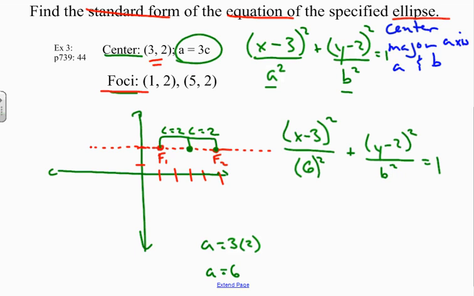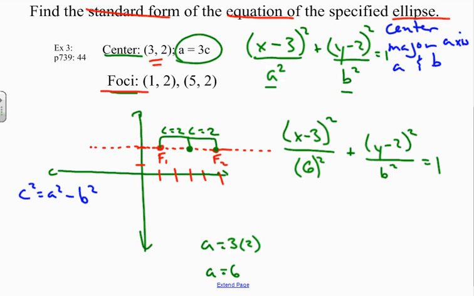The b value we don't see, because we don't know the distance from the center to the minor axis. In order to figure this out, we're going to use our other equation, which we've been using before, which is c squared equals a squared minus b squared.